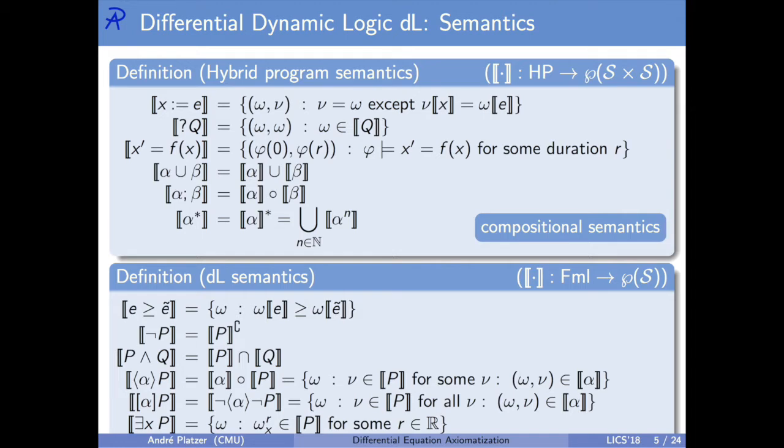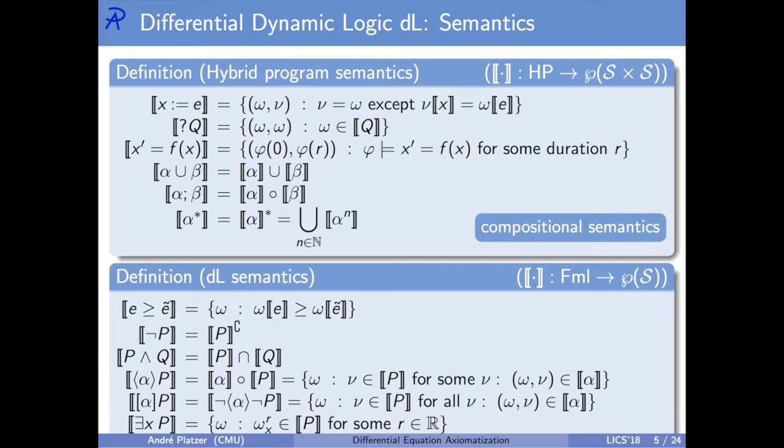So for example, the meaning of P and Q is the set of all states in which P is true, intersected with the set of all states in which Q is true. Well, what else should it be? More interestingly, and of course quantifiers quantify over the real numbers, but more interestingly is the meaning of the box and diamond modalities. Maybe let's start with the diamond.